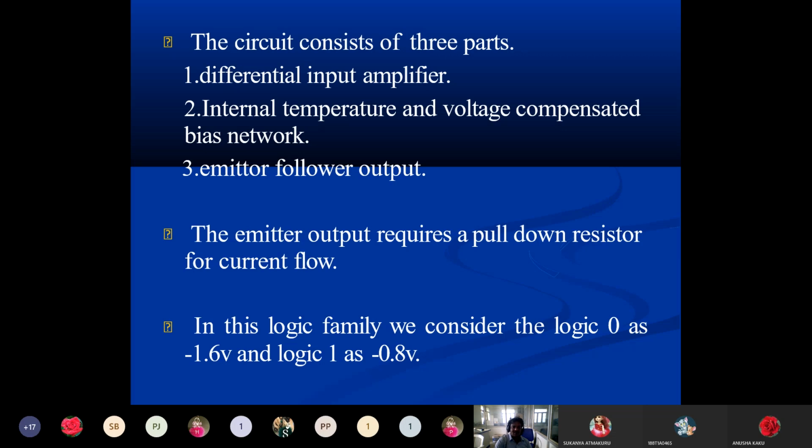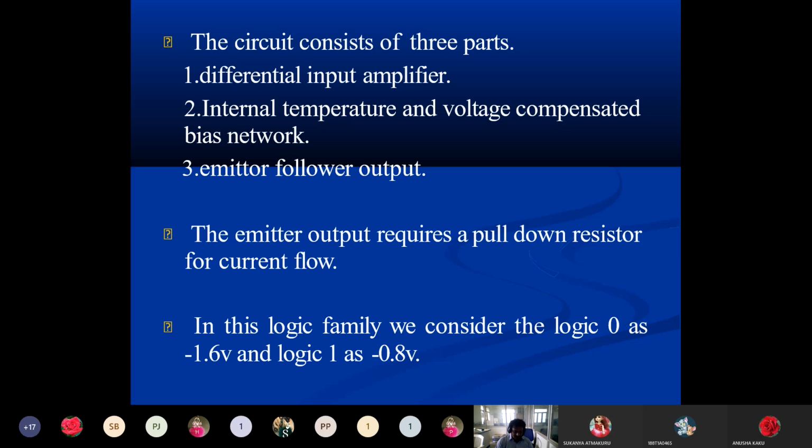In this logic family, you can consider logic 0 as 1.6 volts and logic 1 as 0.8 volts. We can also prevent saturation by using a radically different circuit structure called current mode logic, or emitter coupled logic.